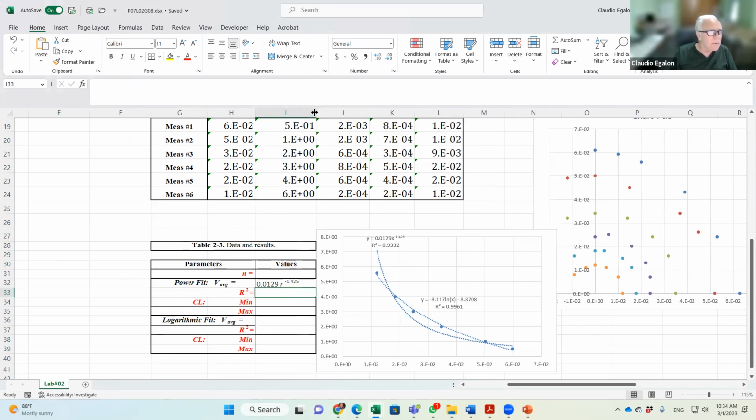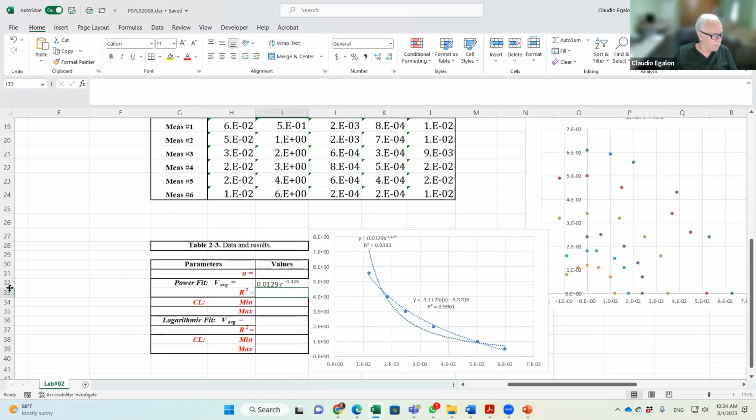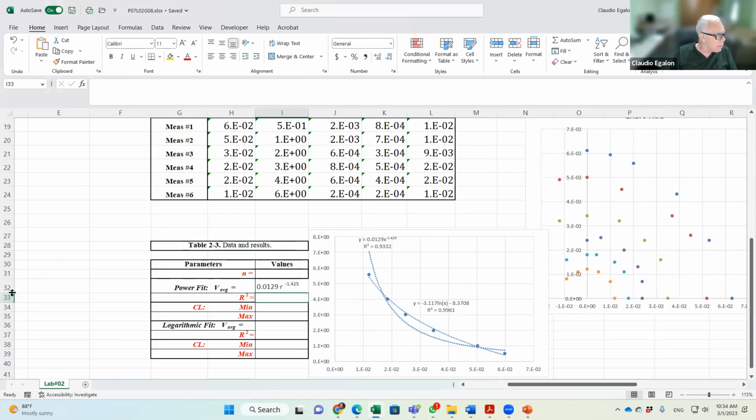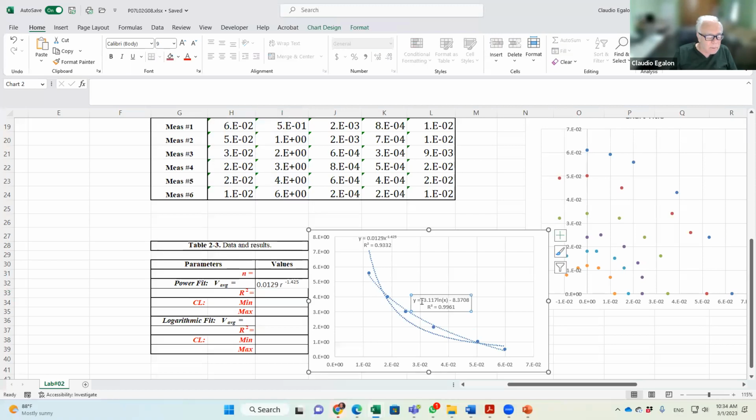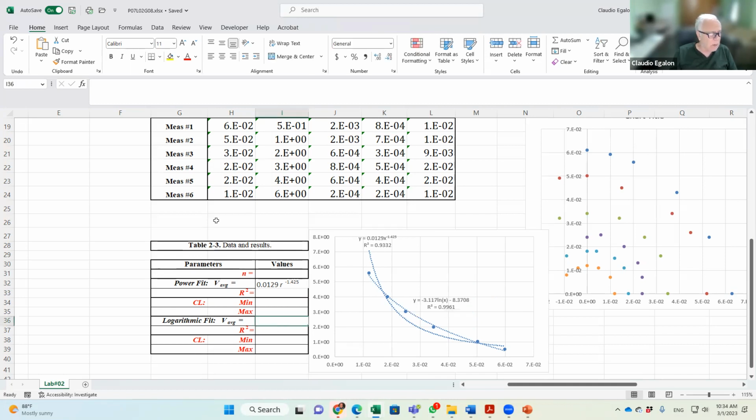Let's see this power. And then the other one, logarithmic. In order to derive this relationship for the voltage logarithmically, you need calculus.